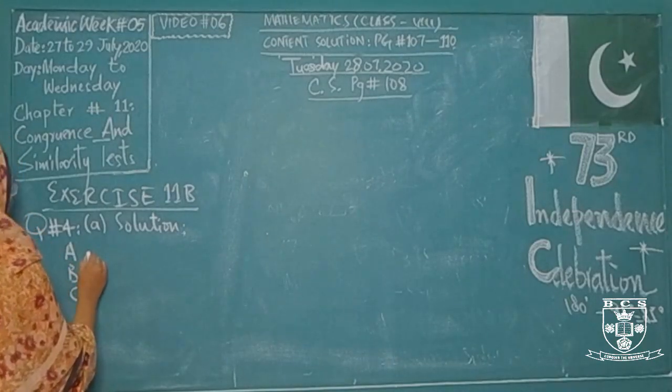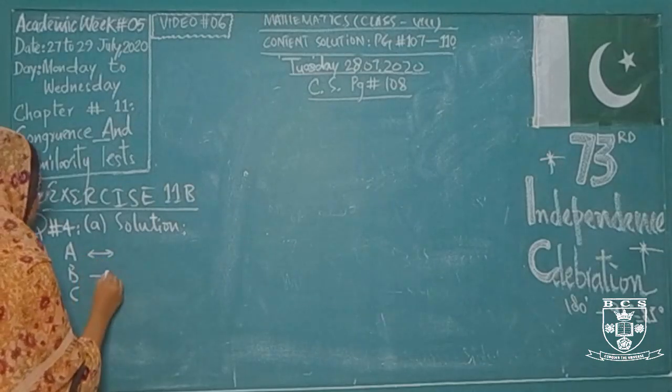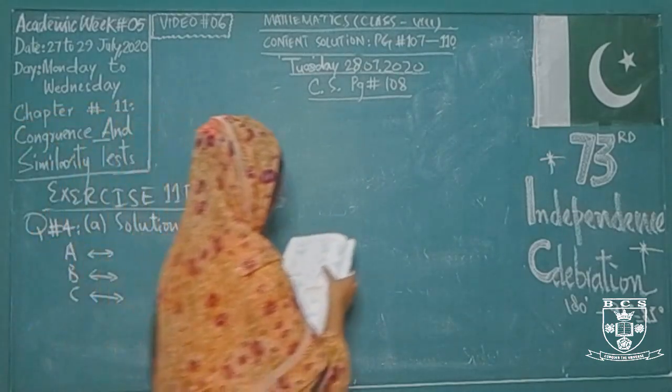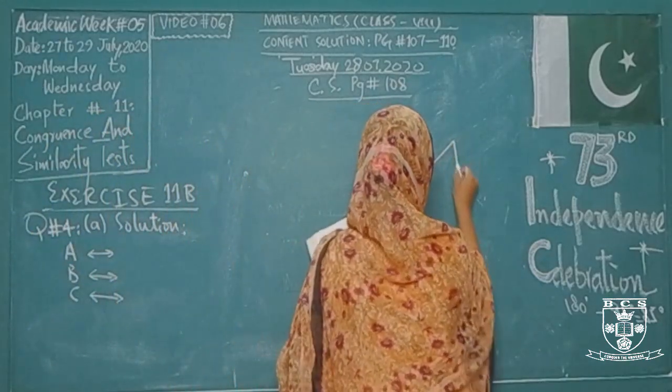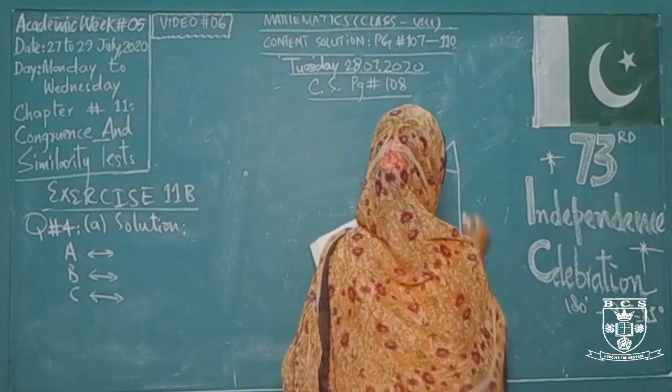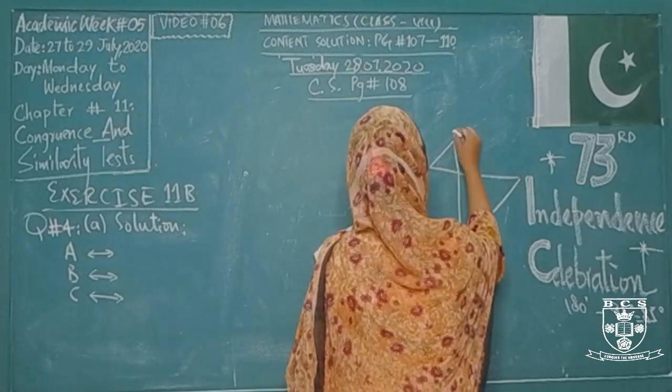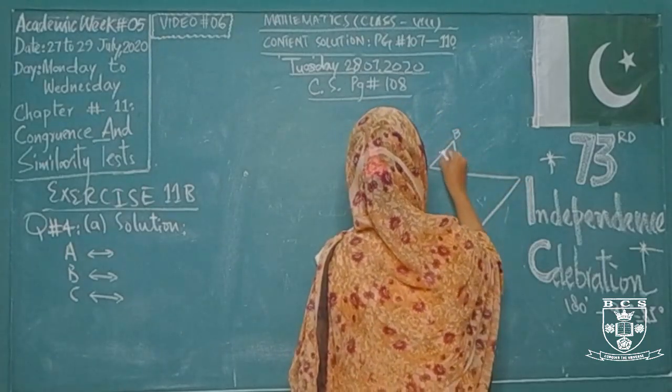Triangle ABC is the first triangle, so the corresponding points must be A, B, C. Here is an arrow.